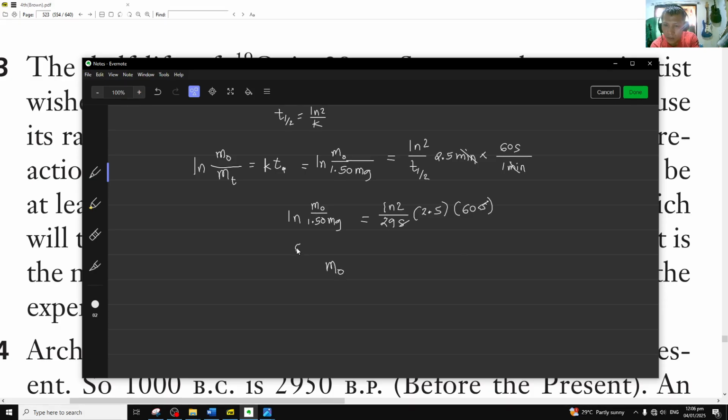So by solver, let's see if we can solve it. ln of alpha x all over 1.50, and then alpha equals ln 2 all over 29 multiplied by 2.5 times 60.